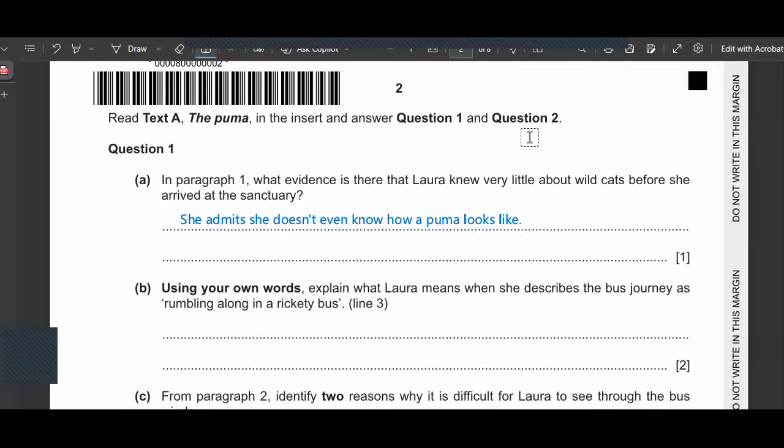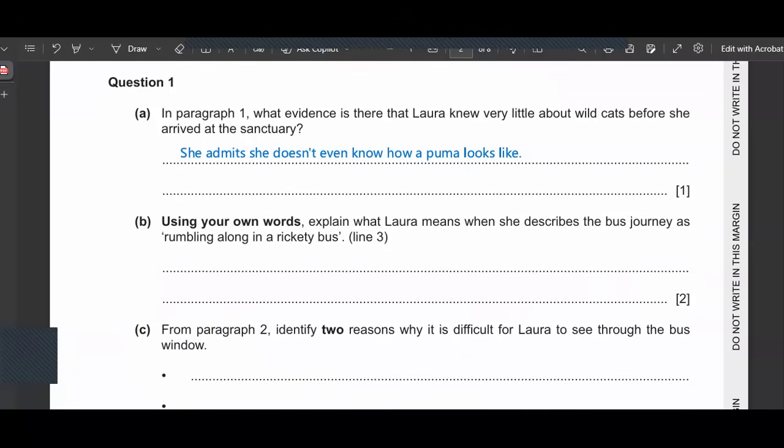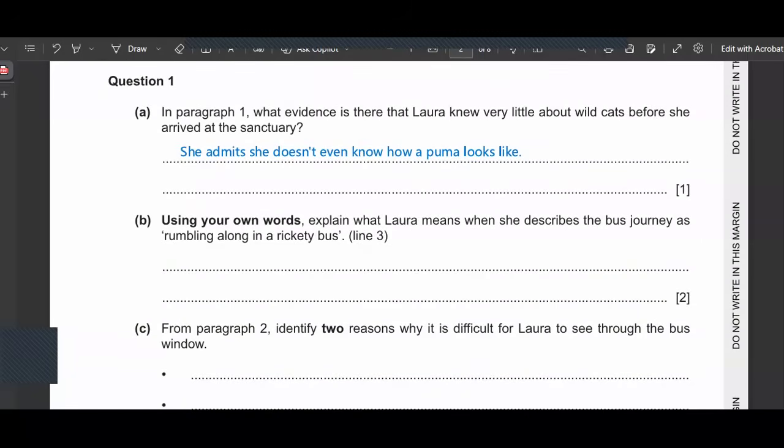For these questions, if we lift the original text and use the exact same words, our answers would not be accepted, because implicit questions require us to use our own wording. So before moving forward to our next paragraph, let's see what question B says.